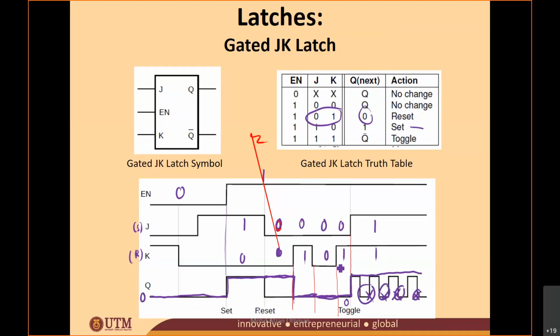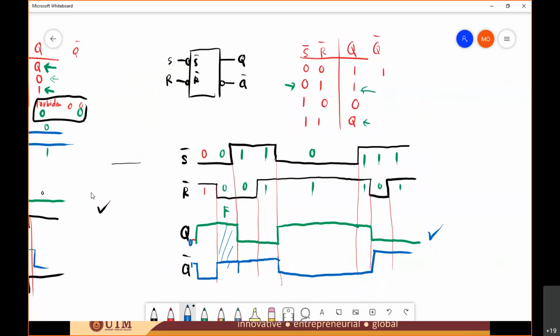Okay, kita buat lagi satu contoh lah. Contoh lain. Toggle tu means the opposite of the previous action tu lah. Ya, betul. Maksudnya kita complement the previous output. Okay, so kita do another contoh lah kat sini.